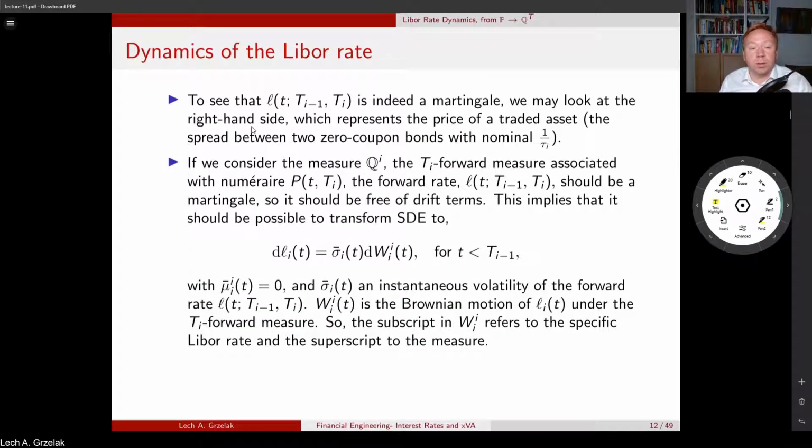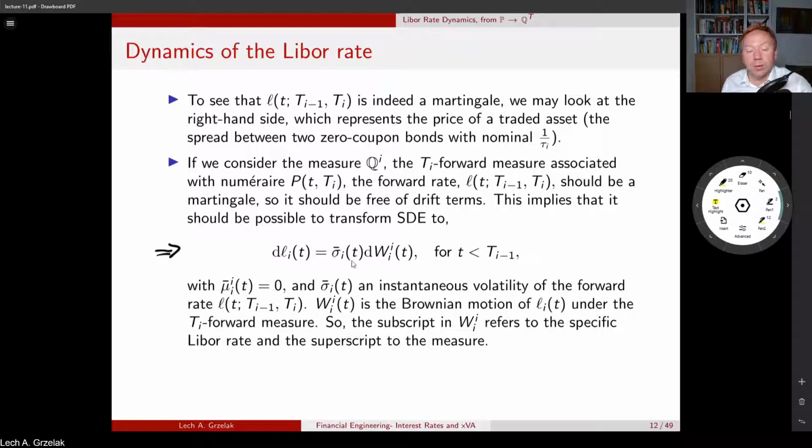And if we know that the Libor L(T, T_{i-1}) is a martingale, then we know how this stochastic differential equation will look. Under the ith measure we have a martingale, so we have a process without a drift.